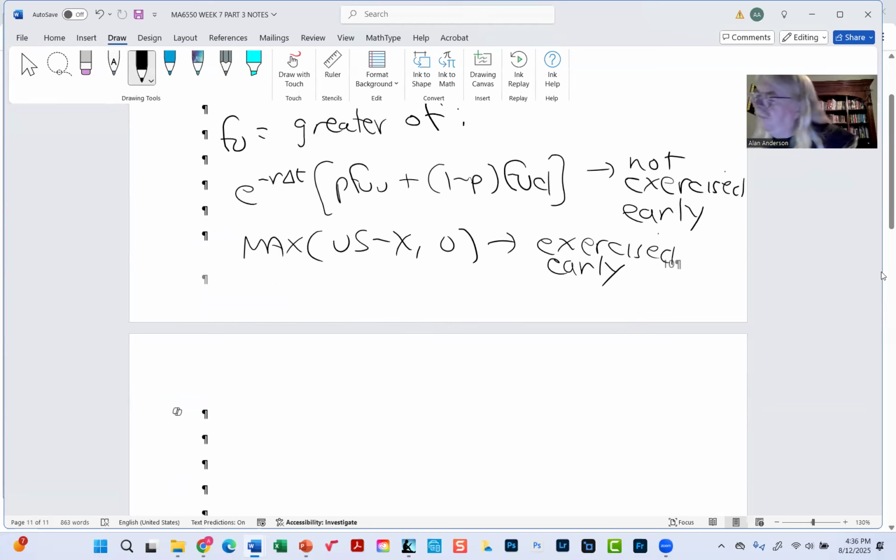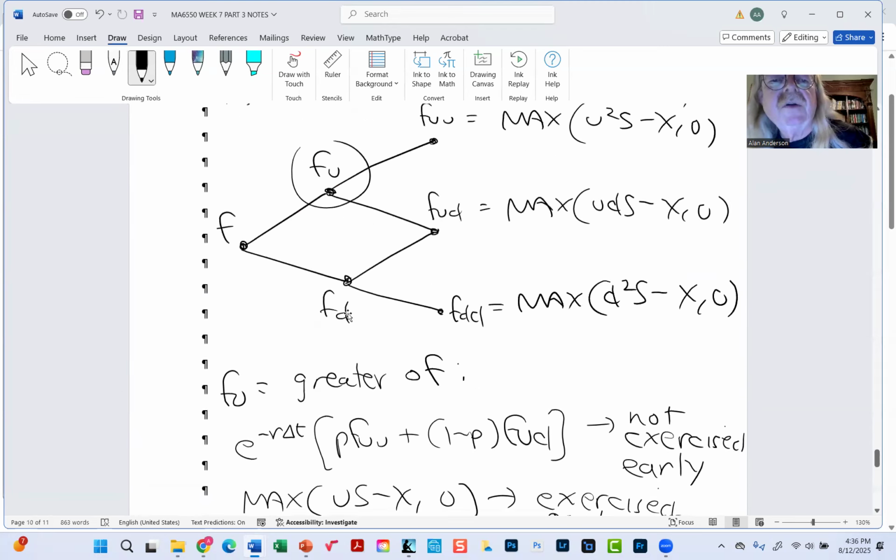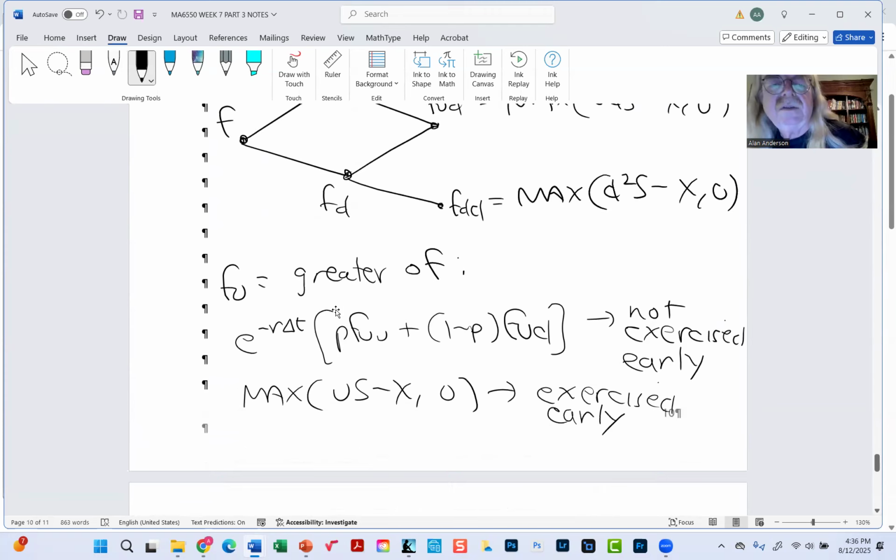So FD is the greater of, move down a node. That's this node. Remember, at this node, the stock price is now DS.